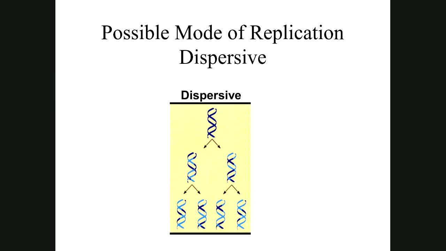This one's the dispersive method. This one is really weird, but somebody had to propose it. And what it says is that the DNA double helix fragments and then fills in the missing pieces between the fragments to make up the two new strands. So DNA would have to be made up to fill in there, as that is definitely not how it happens.